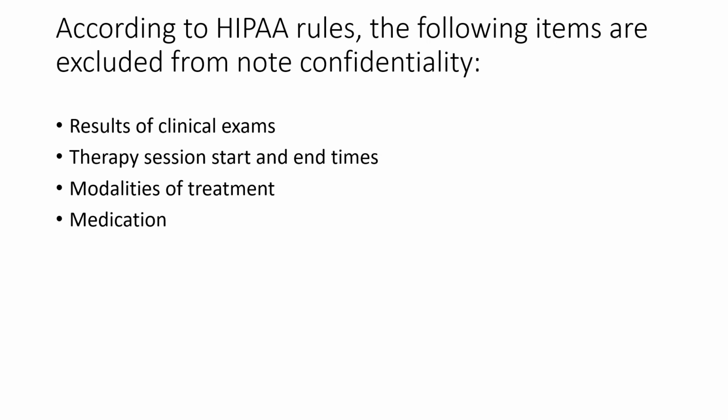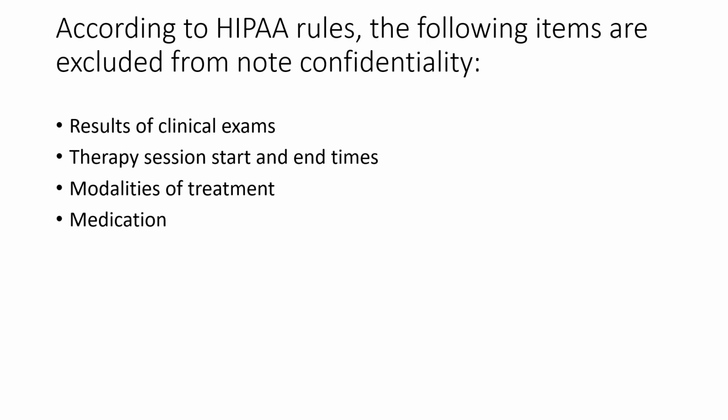According to HIPAA rules, the following items are excluded from note confidentiality. We've talked quite a bit about confidentiality, limits of confidentiality. Here are the items that are excluded from note confidentiality.